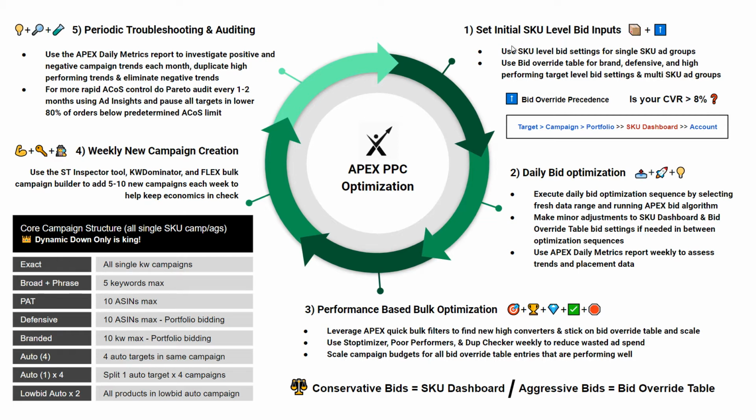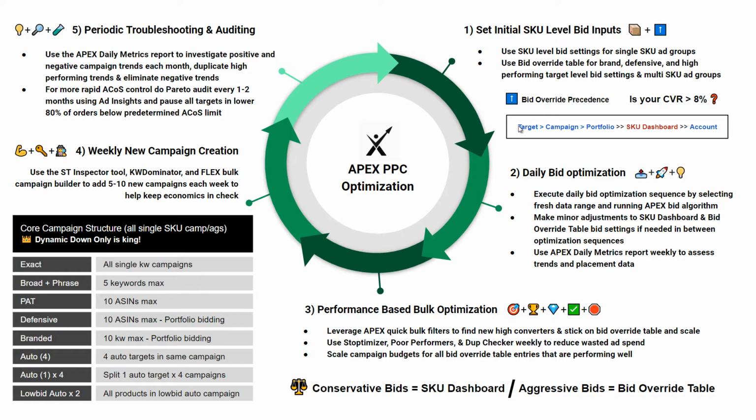The SKU level bid inputs are where you want to start with APEX. They're essentially any campaign that you've structured to have a single SKU within that campaign, so you don't have multiple SKUs within a single ad group, for example. It'll automatically figure out which ones those are and assign the bid logic to those as a base level precedence.